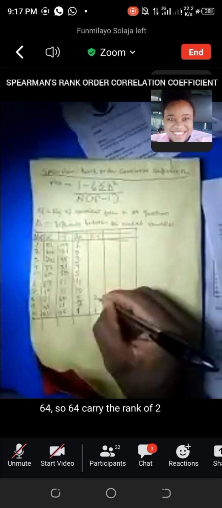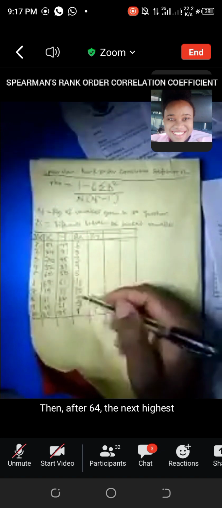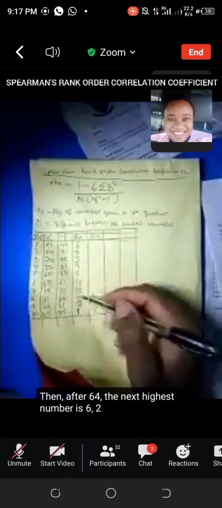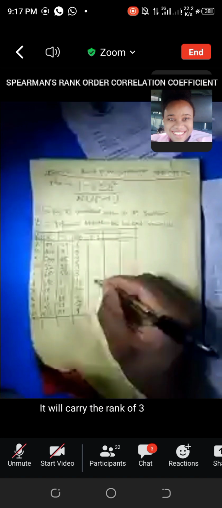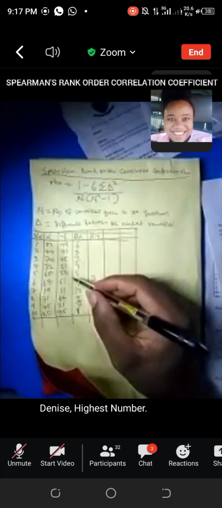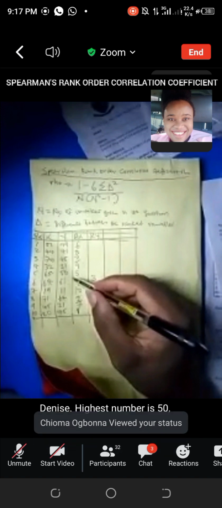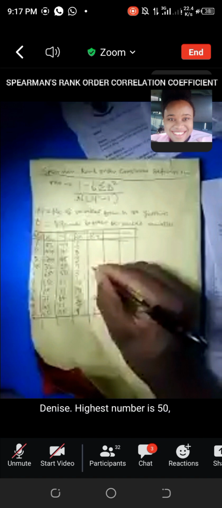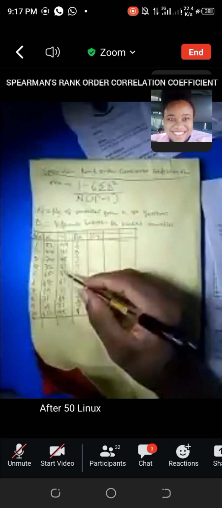Then after 64, the next highest number is 61. It will carry the rank of 3. After 61, the next highest number is 50. It will carry the rank of 4. After 50, the next one is 49 to carry the rank of 5.